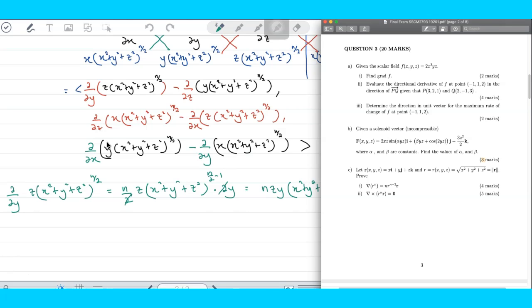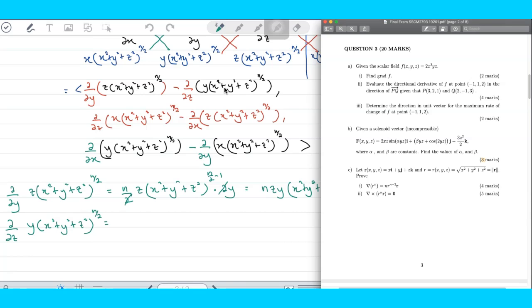Okay, and then for this one, you have del z of y times (x squared plus y squared plus z squared) to the power of n over 2.